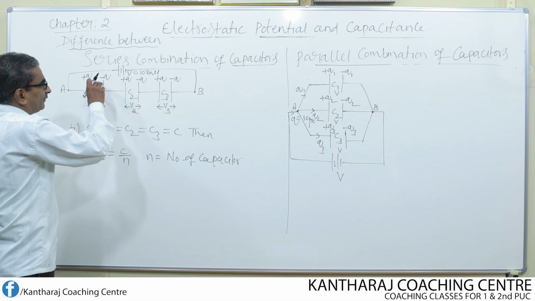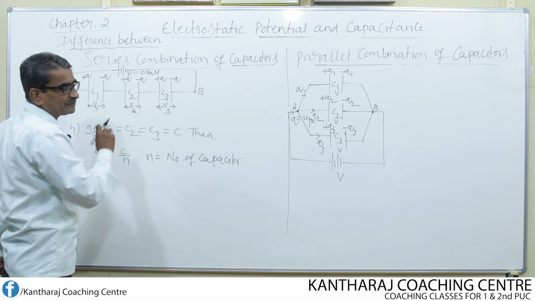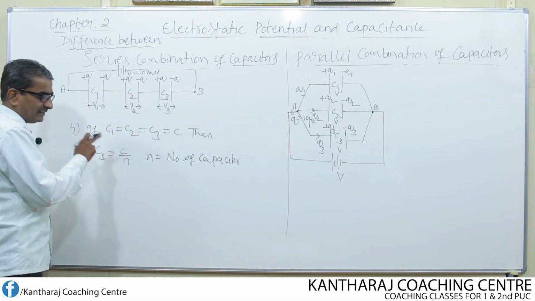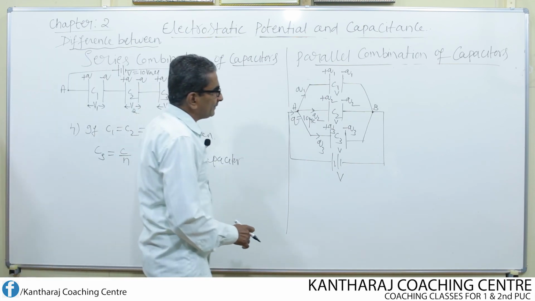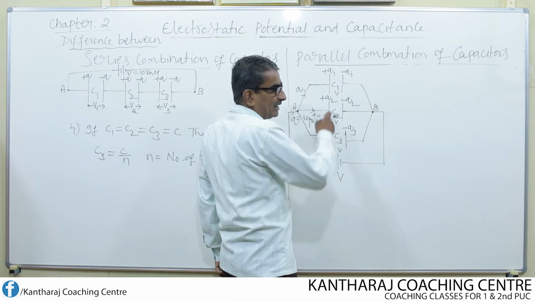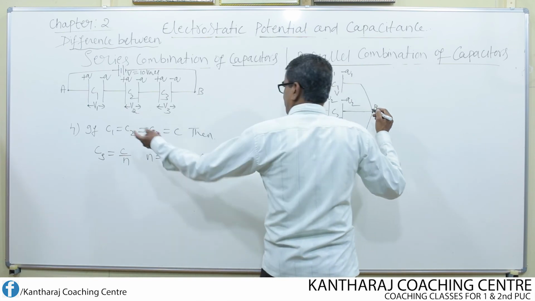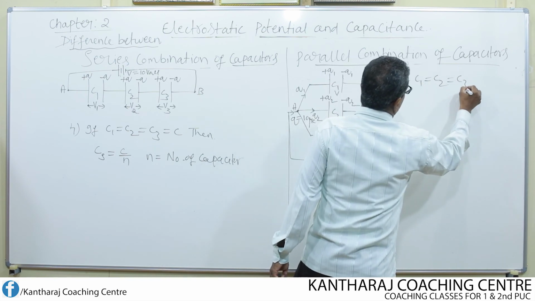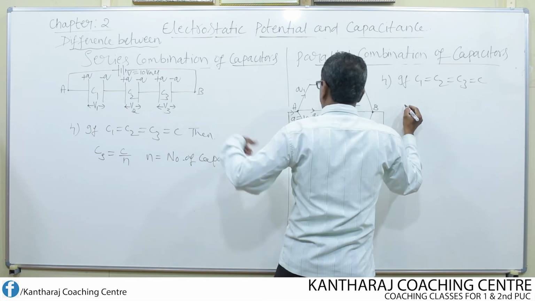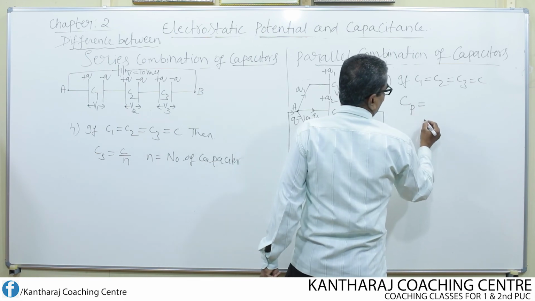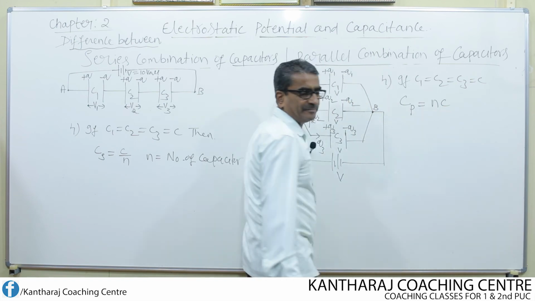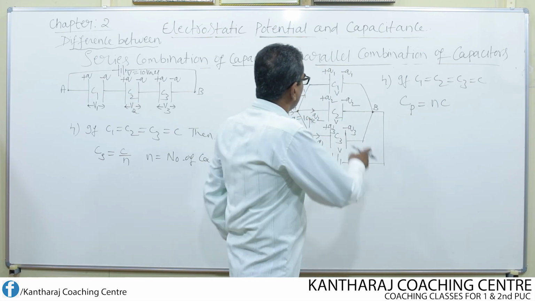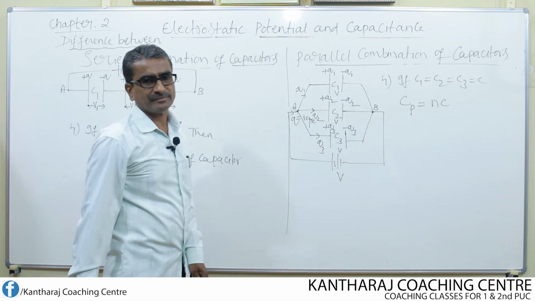If this is 5 microfarad, this is also 5 microfarad, this will also be 5 microfarad, then in such a case the effective capacitance is written like this. Here once again, if all the capacitances are of the same value, that means if C1 equal to C2 equal to C3 equal to C, then effective capacitance is given by Cp equal to N into C. N refers to the number of capacitors and C refers to the capacitance of each capacitor.